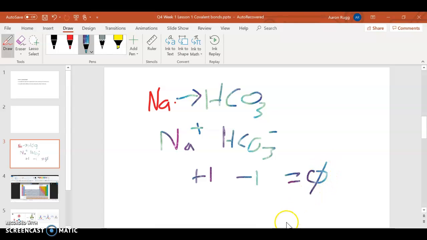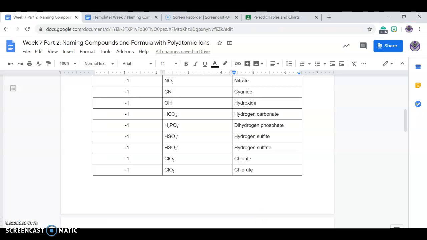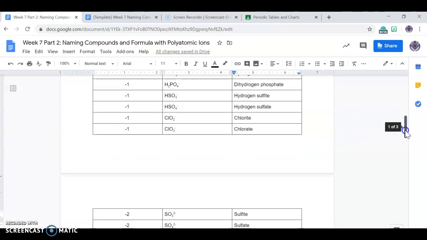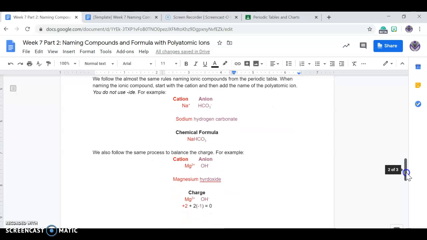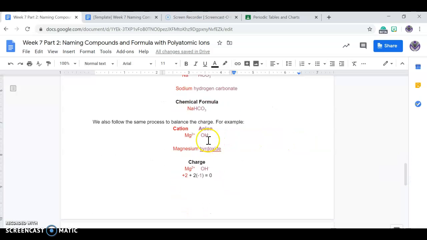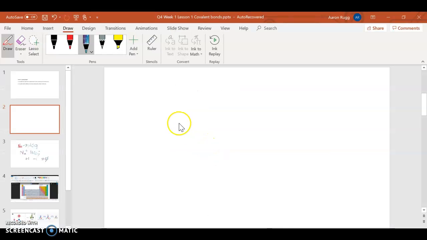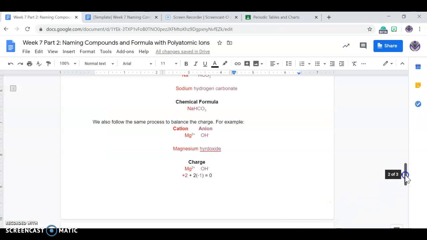Same process. I included this next example because this is where it gets a little bit different, but pretty much still the same. Let's look at magnesium hydroxide. So we start with magnesium, right? Magnesium forms an ion. We want to balance it out. Go back and look at our table for hydroxide.